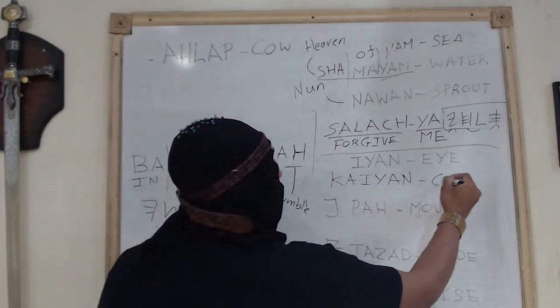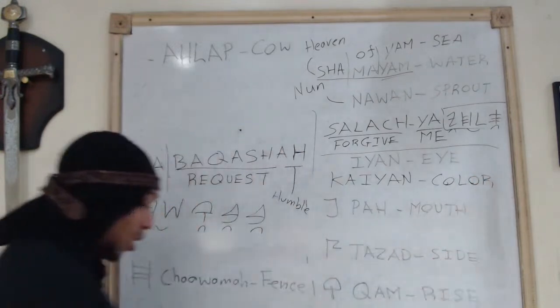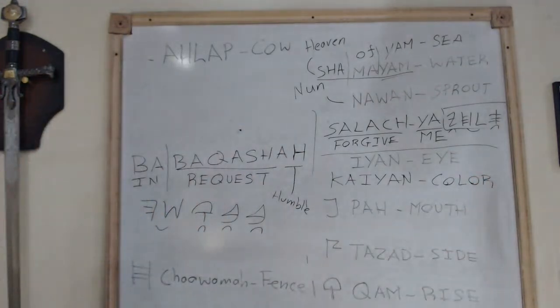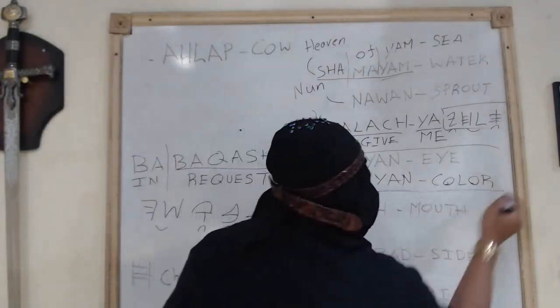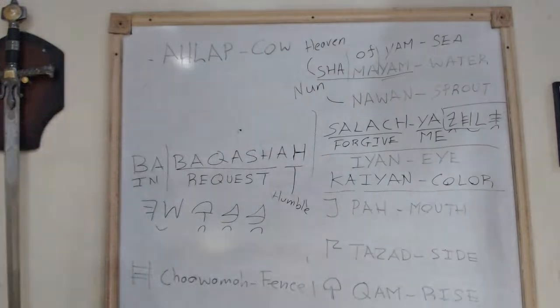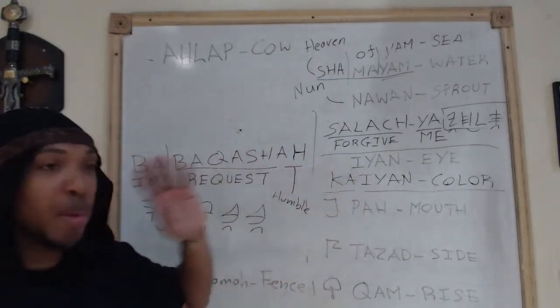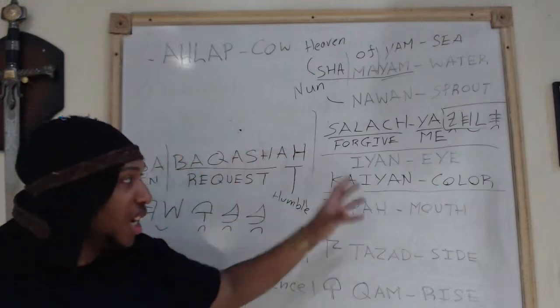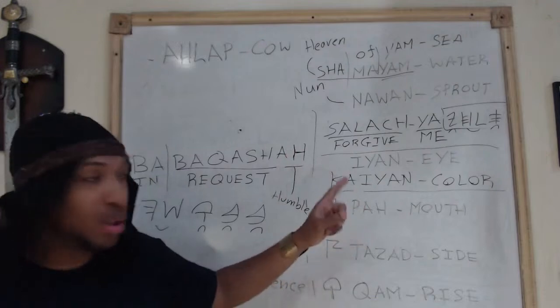Kayan is color. That's not the main way to say color, but it is an easy way to remember one form of how they said color in the scriptures.